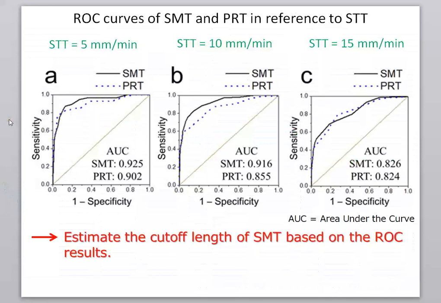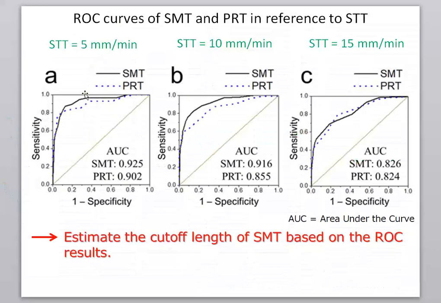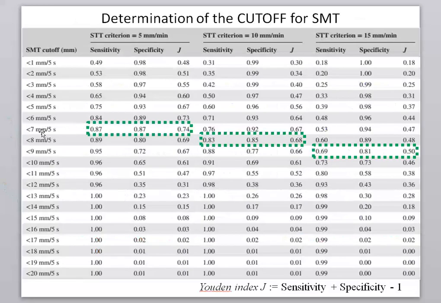So now we want to know what simulation gave us the best result. For plot A, we got 7 millimeters of SMT cutoff length, which was suggested as the best result according to the Youden index given here. The equation is a bit hard to understand, but the geometrical meaning of J is very easy.